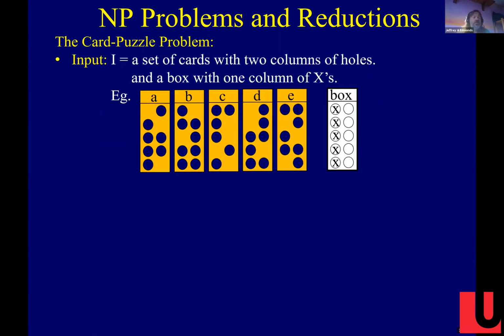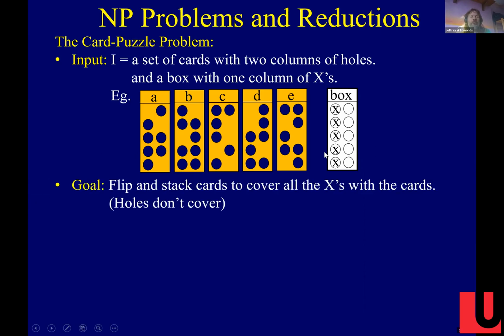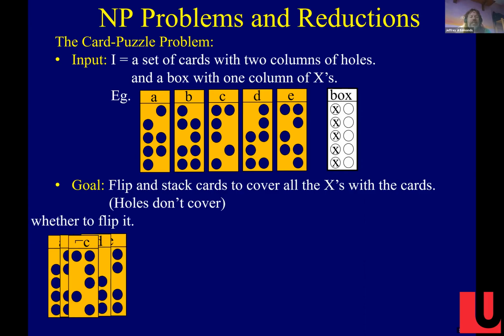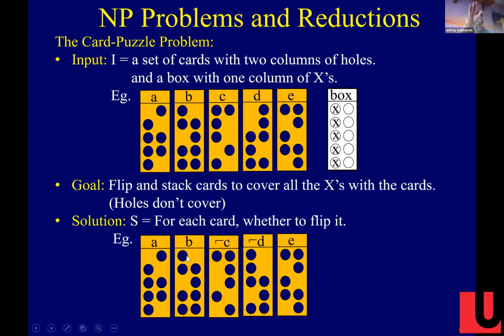So what's the clause puzzle? The clause puzzle is you're given a bunch of cards, each card has 2 columns and lots of rows, and a box. And what you do is you take a solution, you take cards and you flip them left to right. I remember I had my C card flipped wrong.